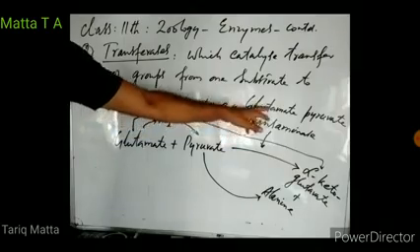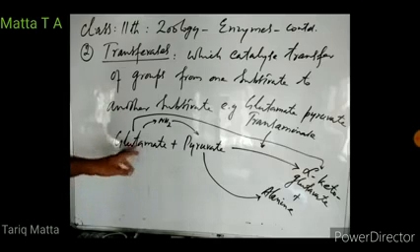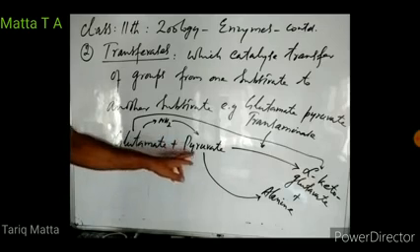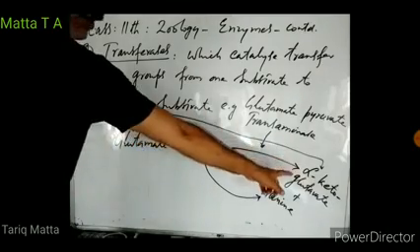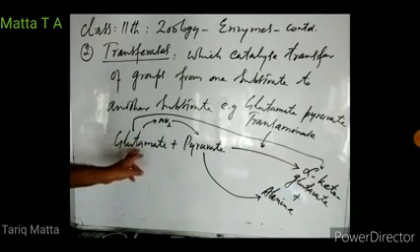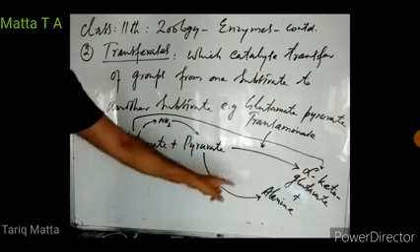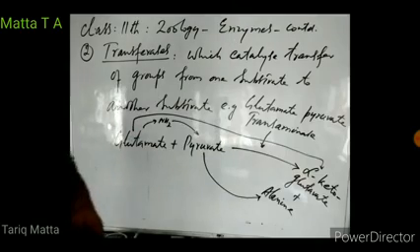So amino groups are transferred from glutamate to pyruvate. Pyruvate is converted into alanine, and glutamate is converted into alpha ketoglutarate.